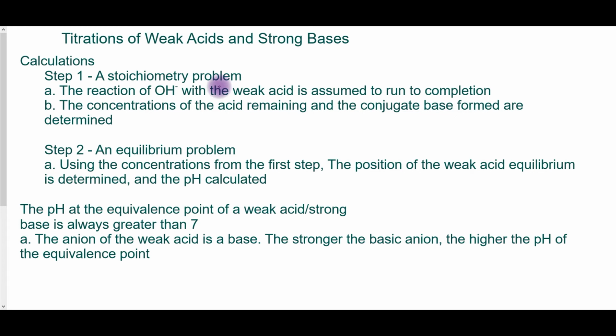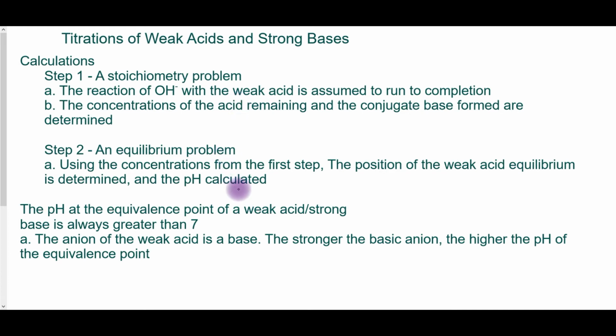Calculating the pH when you're titrating a weak acid and a strong base is a two-step problem. Step one is stoichiometry. We assume that the hydroxide reacts completely with the weak acid. Two things have to be determined: how much of the acid is remaining and how much of the conjugate base has been formed. Using those concentrations, we do an ICE chart and do an equilibrium.